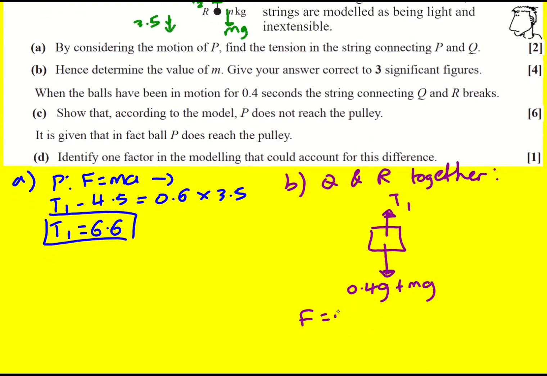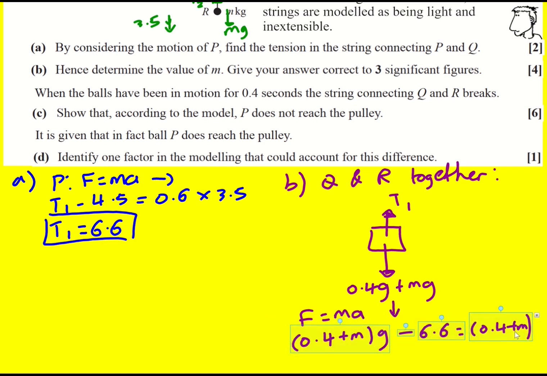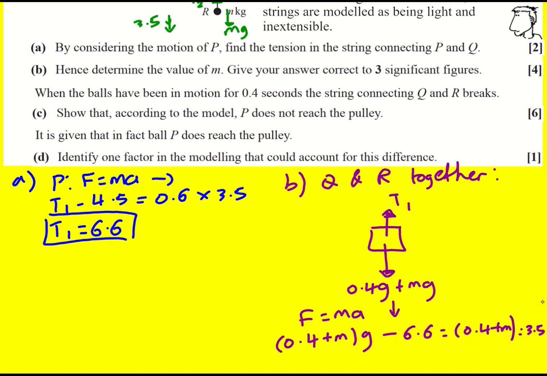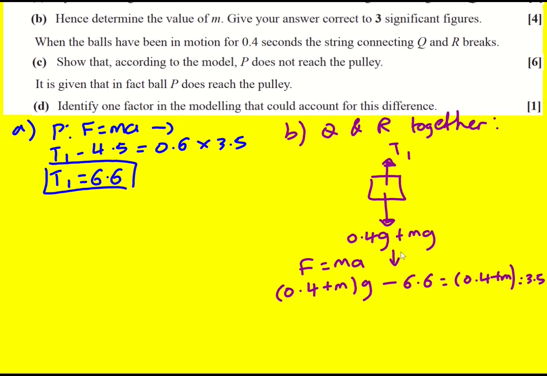And so if I apply F equals ma down, then I've got 0.4 plus m times g, that's the weight, minus my tension of 6.6. That's going to equal the mass, 0.4 plus m, times a, which remember is 3.5.